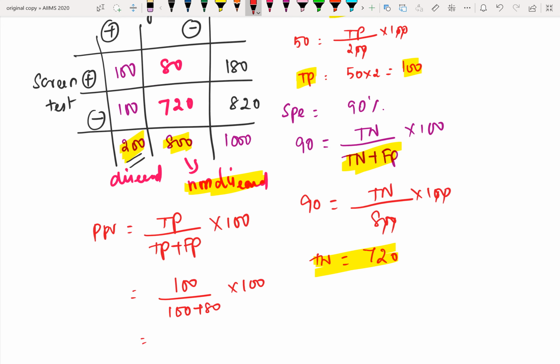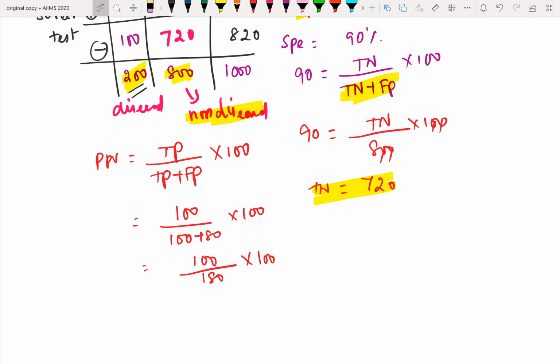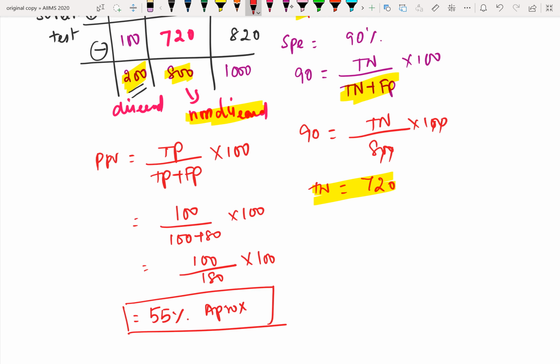So 100 by 180 multiplied by 100. So how much does it come to? 180 into 5 is 90, so 10 is remaining, and it comes to approximately 55%. Okay, this is the value.